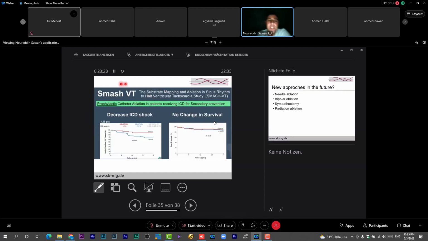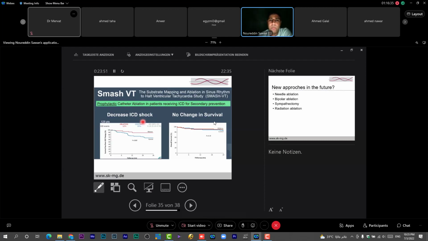This is also a very important and very nice trial, SMASH VT. We had patients who had VT or syncope with inducible VT in the EP study, and the patients were included in two groups.